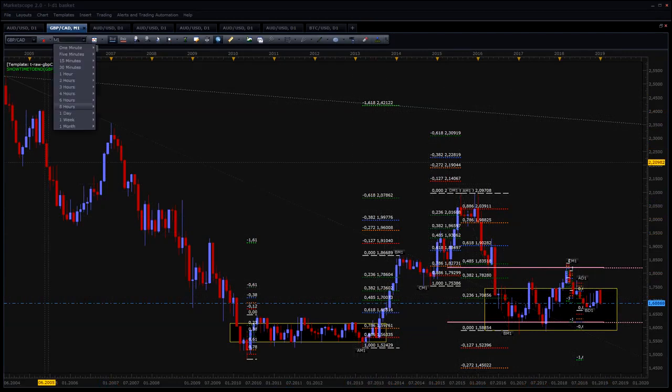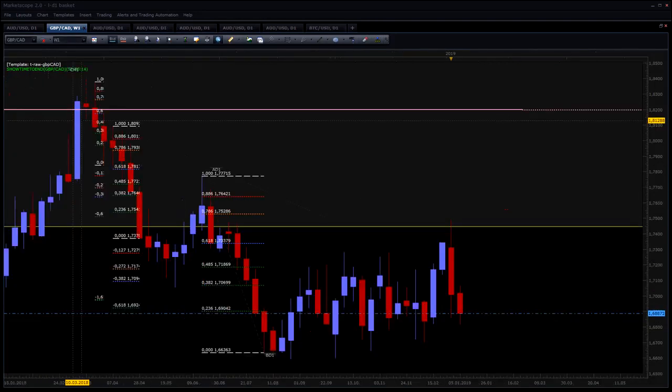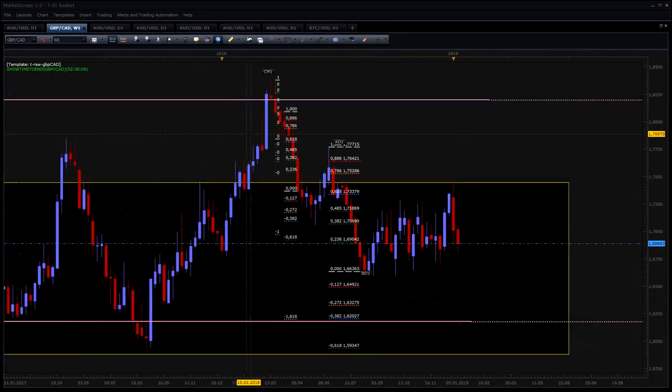So we will switch to weekly. And on weekly, weeks of consolidating. Again, this is nothing else but a consolidation. If you want to draw lines a little bit under the angle, that's up to you.